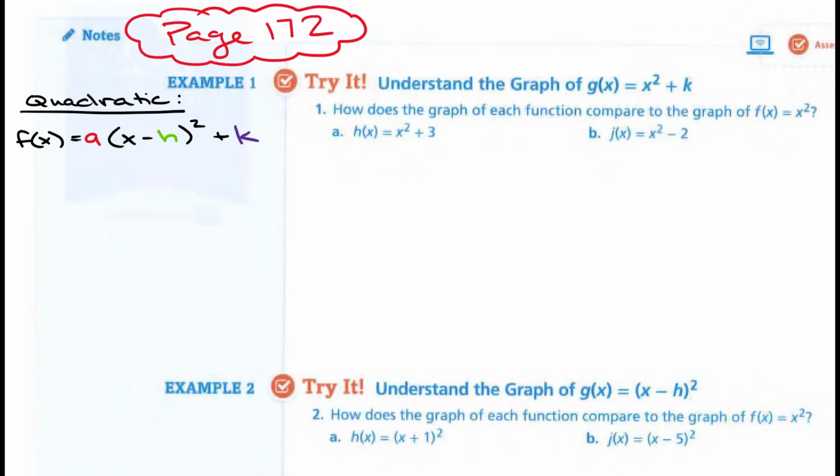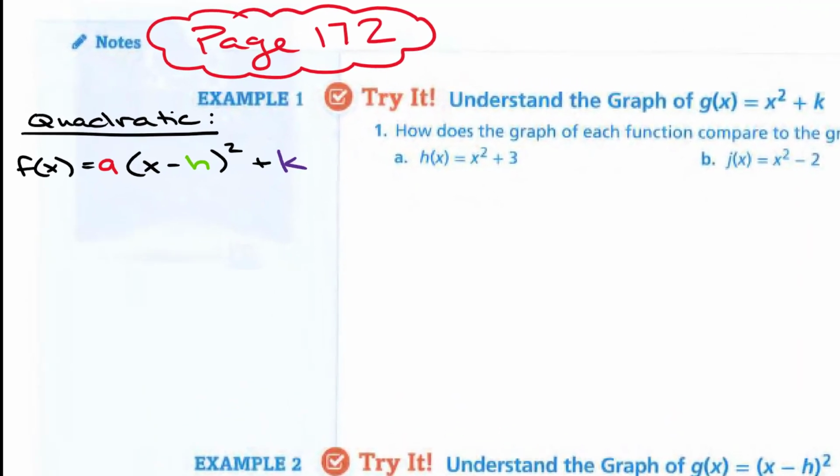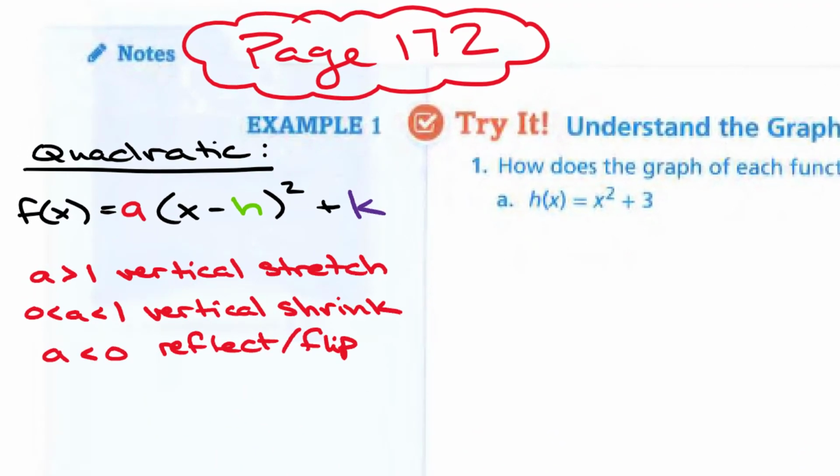Let's look at how a, h, and k affect our graph. The value of a in front of the parentheses is going to tell us if our graph stretches and gets skinnier, or shrinks and gets wider, or if the graph will flip and open down. If a is greater than 1, then your graph is going to have a vertical stretch.